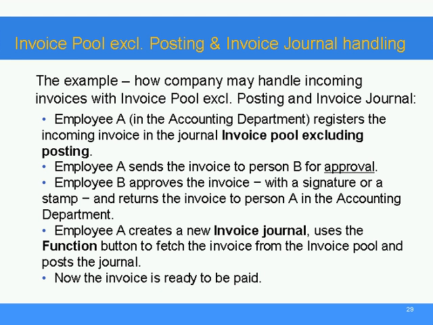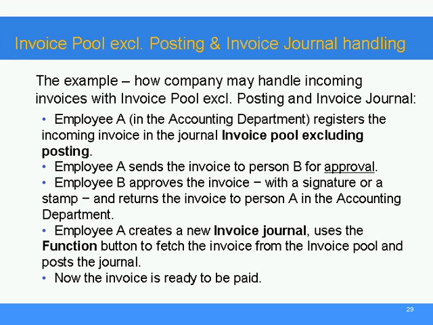Employee A sends the invoice to person B for approval. Employee B approves the invoice with a signature or a stamp and returns the invoice to person A. In the accounting department, employee A creates a new invoice journal, uses the function button to fetch the invoice from the invoice pool, and posts the journal. Now the invoice is ready to be paid.